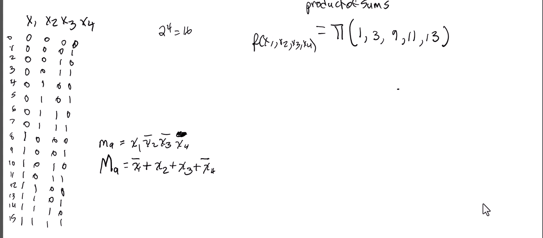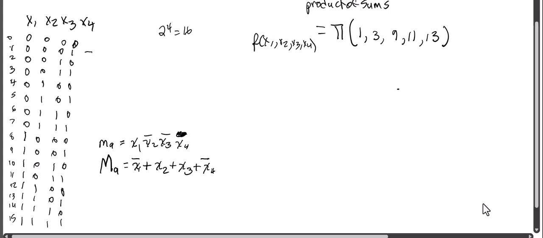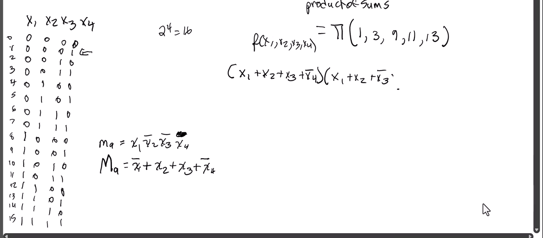So max term 1, I can go to row 1 here, and I can say that that is going to be x1 plus x2 plus x3 plus x4 bar. Max term 3 will be x1 plus x2 plus x3 bar plus x4 bar.